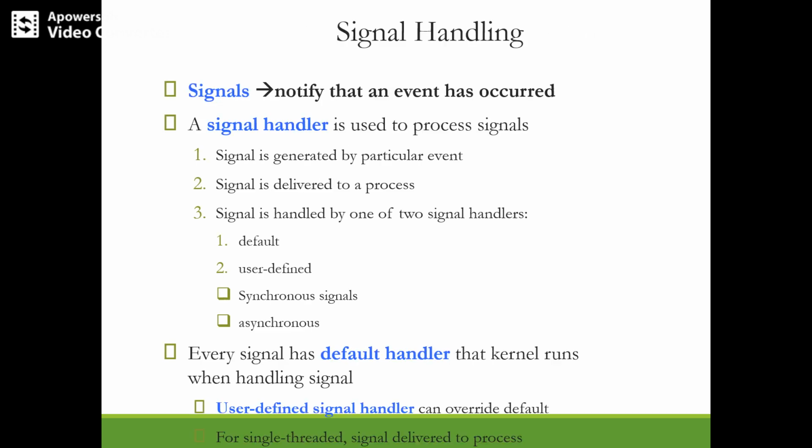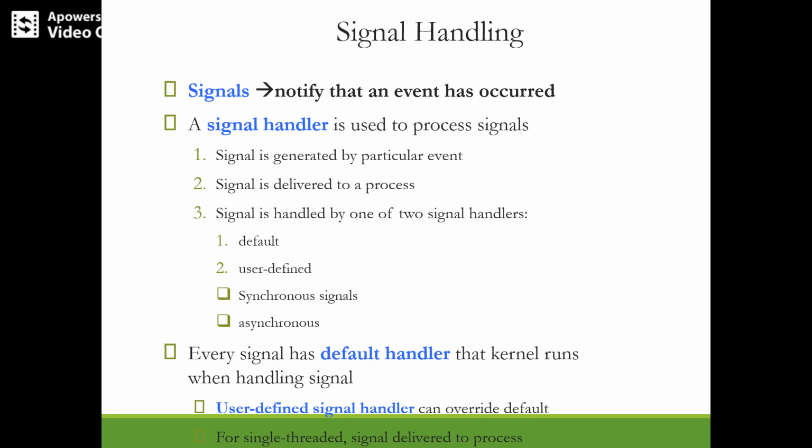So next is signal handling. As you know, signals notify that a particular event has occurred. Let us say something more about the signal handler. The signal handler is used to process the signals.